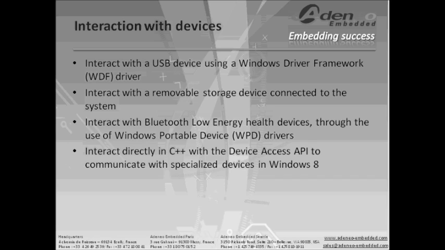You can, for example, interact with Bluetooth low energy health devices, through the Windows Portable Device, WPD drivers. And you can also interact directly in C++ with the Device Access API, which allows you to communicate directly with specialized devices in Windows 8. For this, a custom driver must be implemented to communicate with your modern applications.